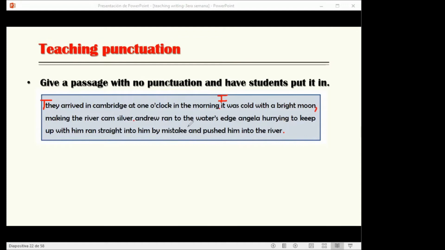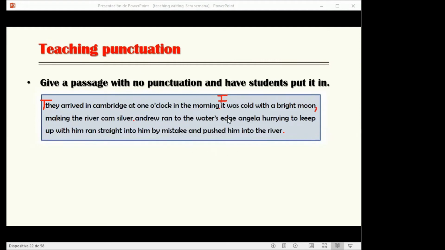And notice they start correcting, checking all the punctuation aspects. Capital letters, punctuation marks: the comma, the period, a full stop, the colon, semicolon. So you give passages, some paragraphs or small tests.